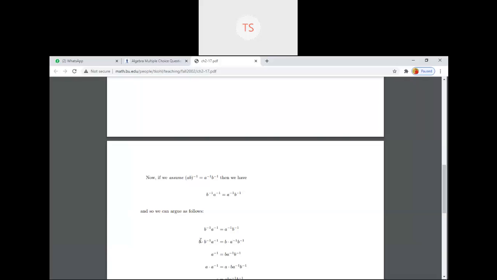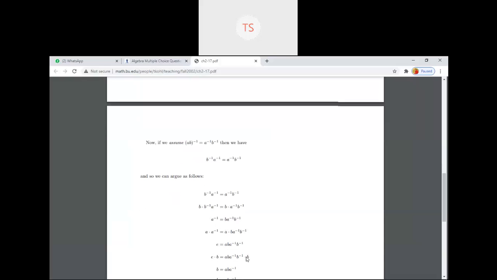Now by cancelling this b and b inverse I will get a inverse on the left hand side, and the right hand side I can write as b a inverse b inverse. Now again from this line, I have multiplied a into both sides. So here I am writing a into a inverse is equal to a into b a inverse b inverse.